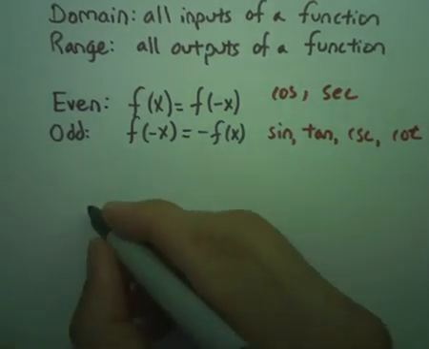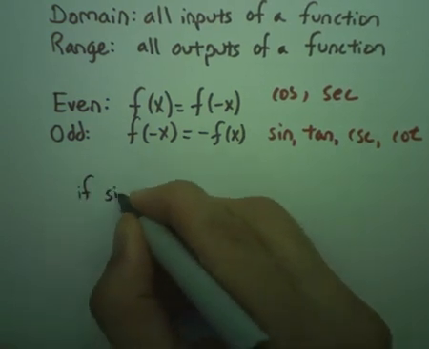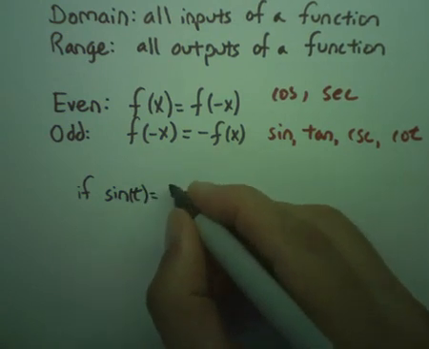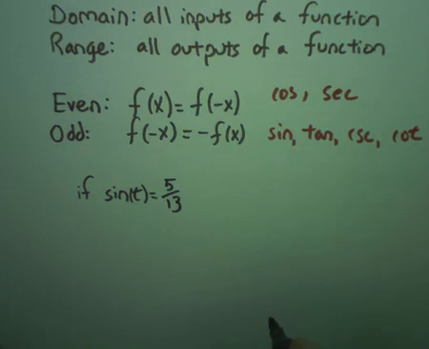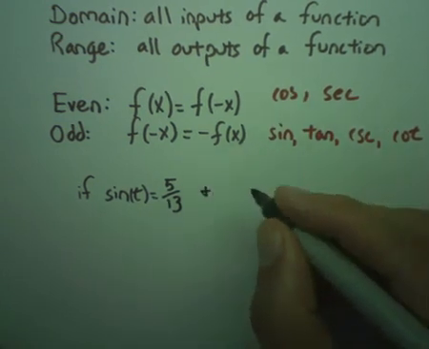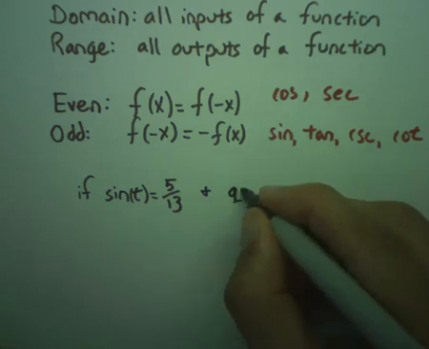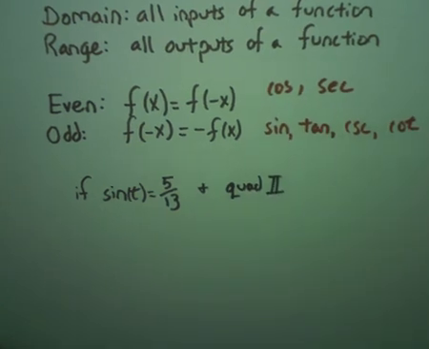First one I wanted to look at was, say if sine of some angle is 5/13, and we're in quadrant 2.